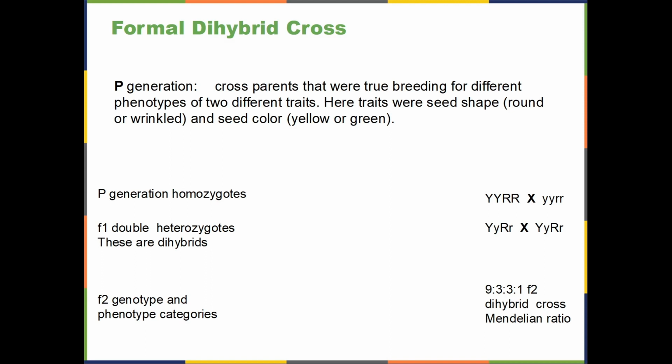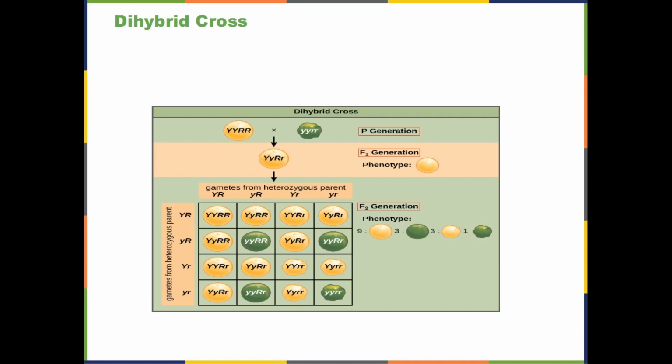All right, what we see in the F2 is that we end up with a more complex ratio, which is 9, 3, 3, and 1. And we see this in a Punnett square example. We have 9 of the smooth yellow, 3 of the smooth green, 3 of the wrinkled yellow, and 1 wrinkled green.